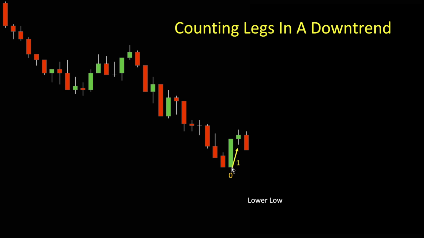This candle opened here, shot straight up, strong bull candle, and then continued up to the top. But then the next candle closed down and made a lower low, so we're back into the downtrend. But we're still looking for that second pullback because this low has not surpassed our zero point.